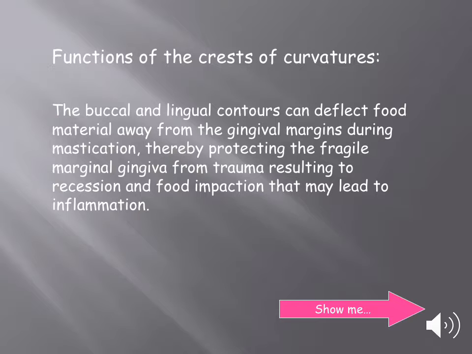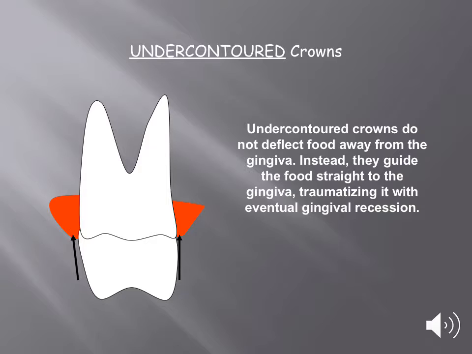A tooth which is under contoured, wherein there's no cervical bulge, for example, the food is directed towards the marginal gingiva, thus stripping it and causing trauma. Now, this will cause gingival recession faster.